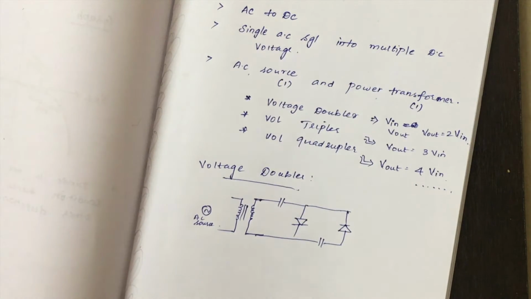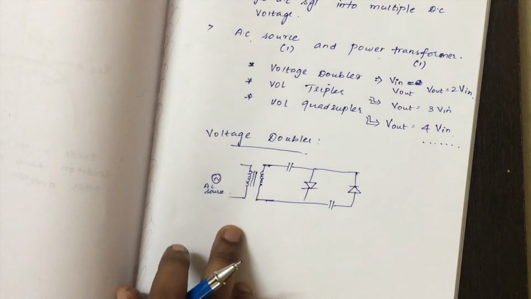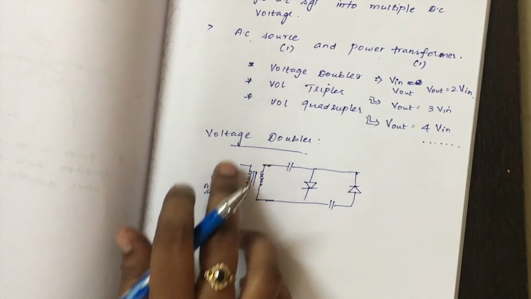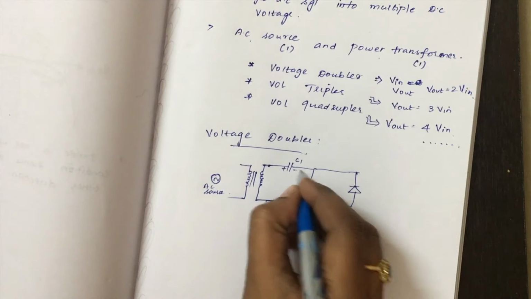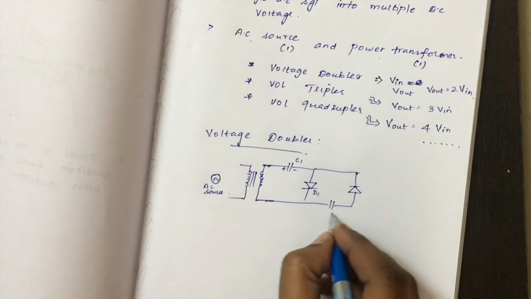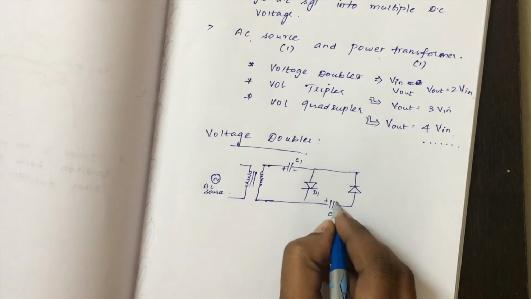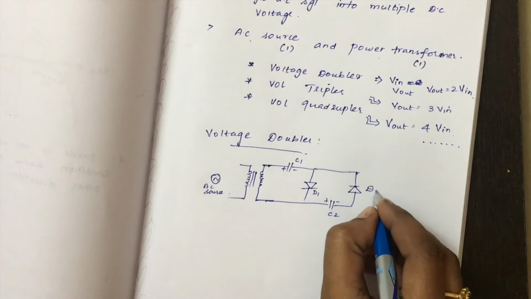So this is the circuit for the voltage doubler: a single AC source, the power transformer, capacitor C1 with plus and minus, diode D1, capacitor C2 with plus and minus, and diode D2.